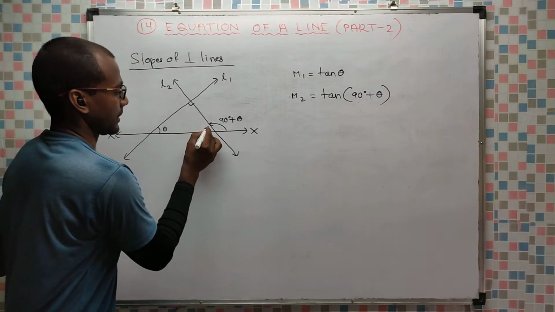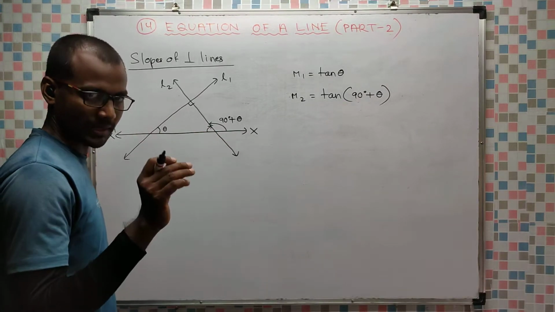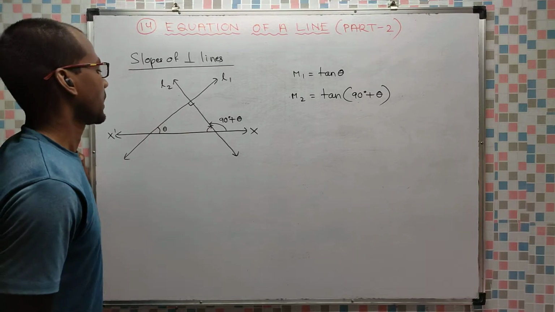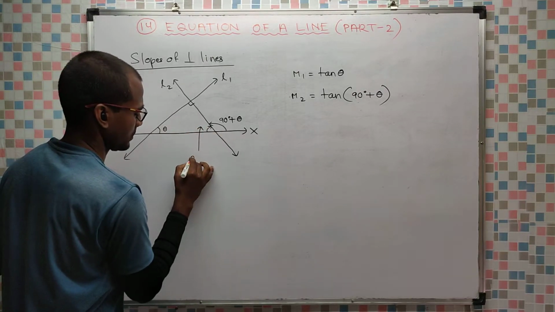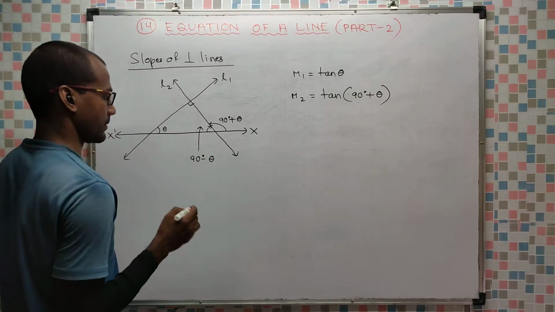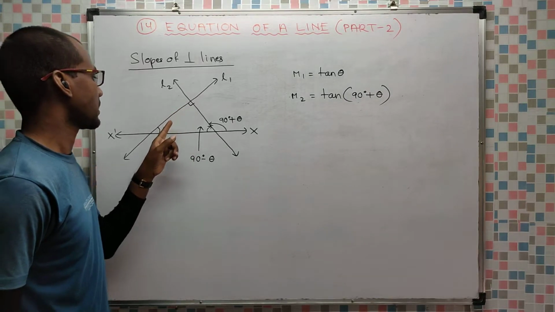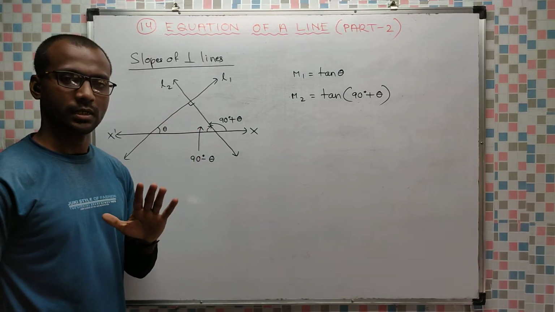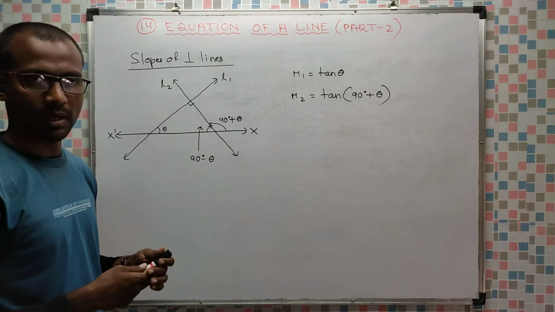So what will be this angle? First let us find the value, then we put a minus sign because it is clockwise. You can use the angle sum property: this is 90 degrees, this is theta, so this will be 90 degrees minus theta.